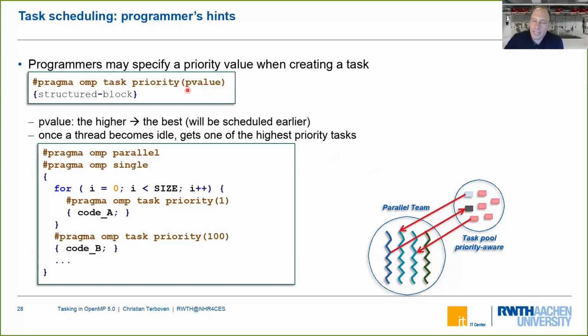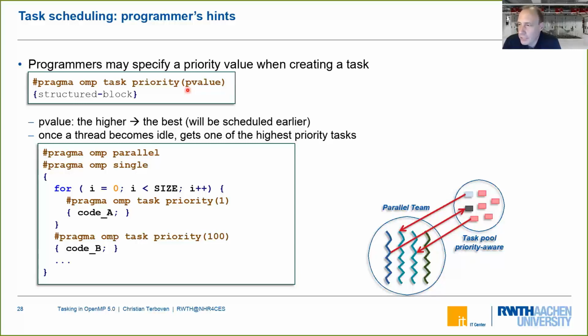So if you have tasks with different priorities, all being ready for execution, tasks with a higher priority will be scheduled earlier if the runtime follows your order. The idea is whenever a thread is idle, it has to pick a task from the task pool, and then it can select the task with the highest priority. However, this is a hint.